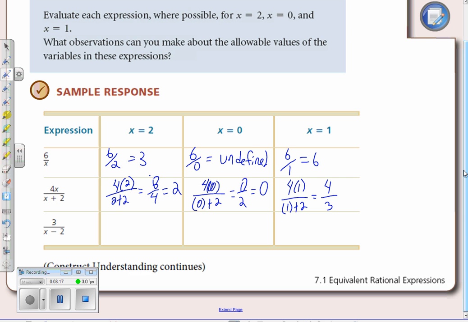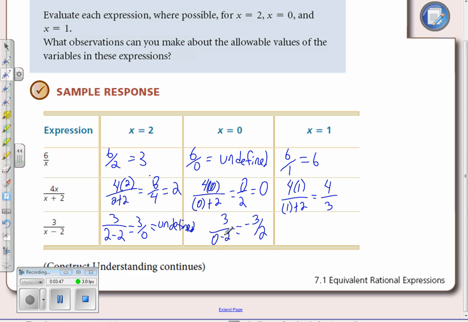Let's look at the next one. 3 over x minus 2. So let's plug in 2. 2 minus 2 is 0. That's a problem. That's undefined. If I plug in a 0, 3 over 0 minus 2, we just get negative 3 over 2, because it's 0 minus 2, which is negative 2.